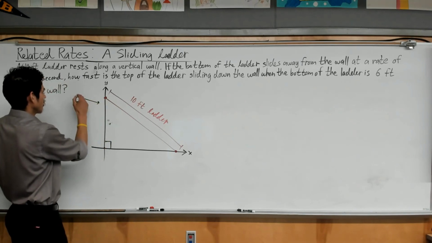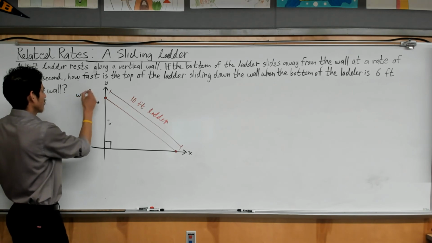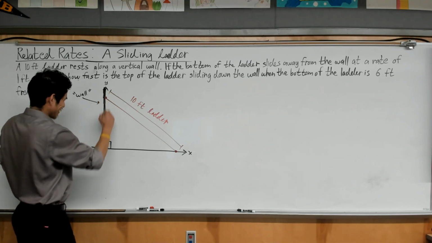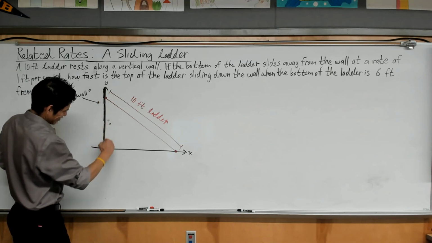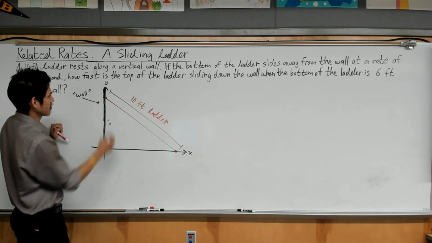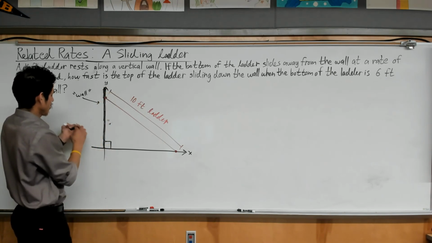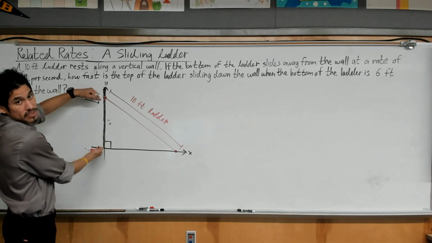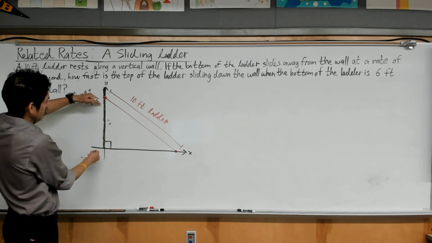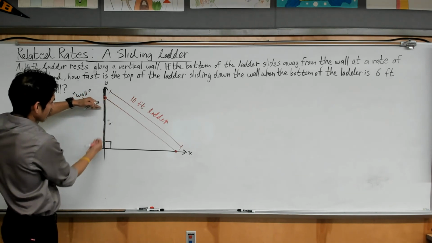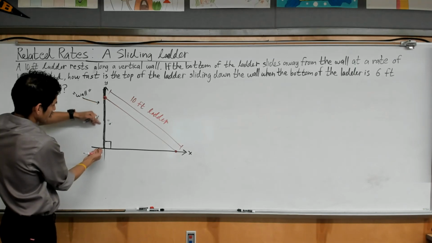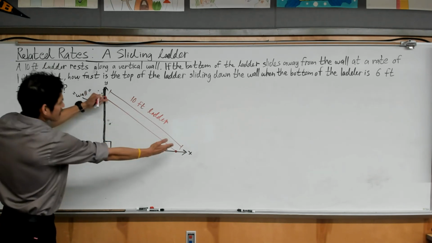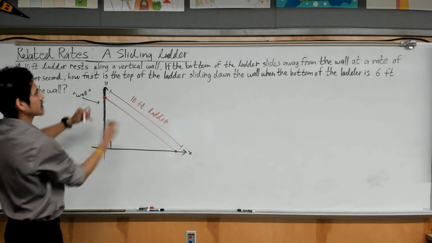This distance will change because as the ladder is sliding down, the height that it's above the ground is going to get shorter and shorter, and then this distance will increase. But the ladder length stays the same.